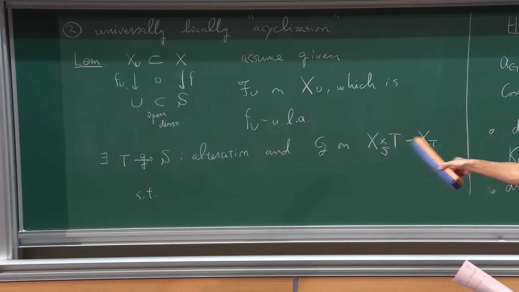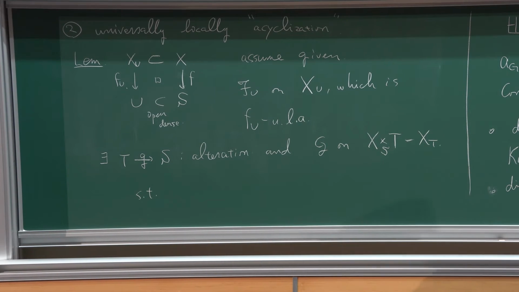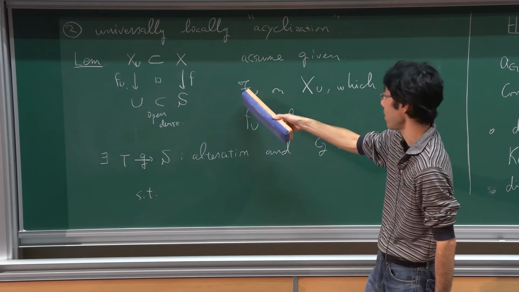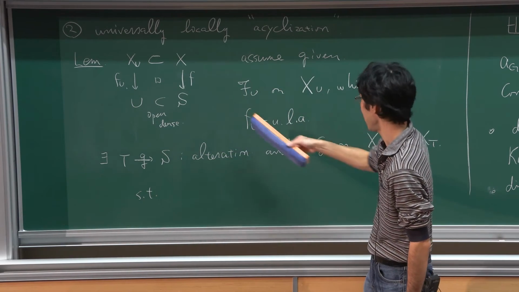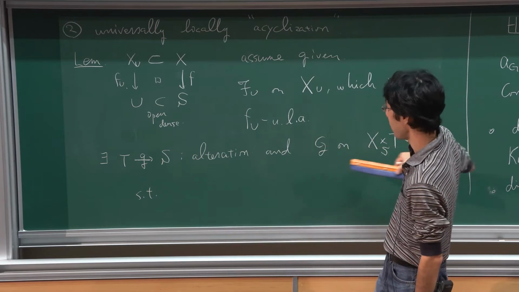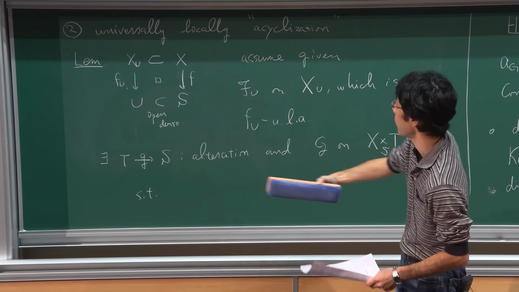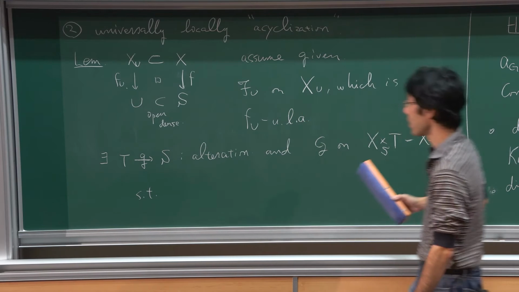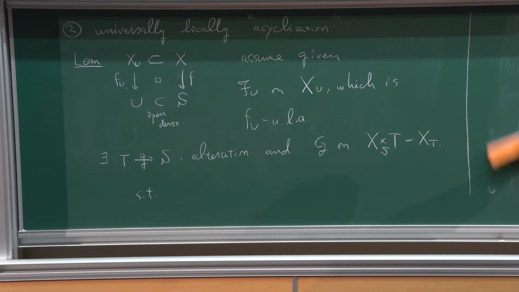Morally speaking, after pulling back on U, it's the same as F_U, and outside this it is extended by universal local acyclicity outside of this locus of U. That's Artin.